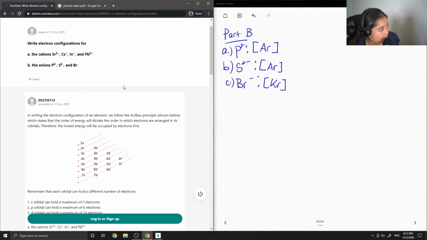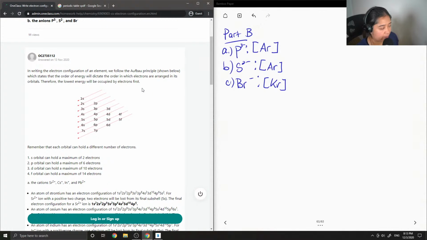Okay, so now we can see what our junior tutor said. In writing the electron configuration of an element, we follow the Aufbau principle shown below, which states that the order of energy will dictate the order in which electrons are arranged in its orbitals. Therefore, the lowest energy will be occupied by electrons first.